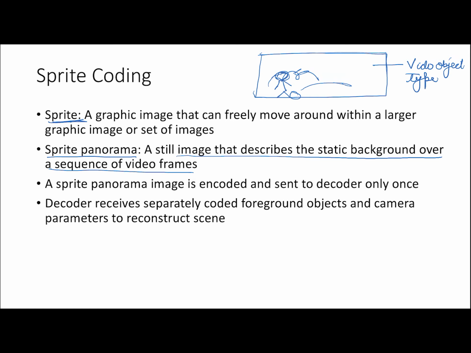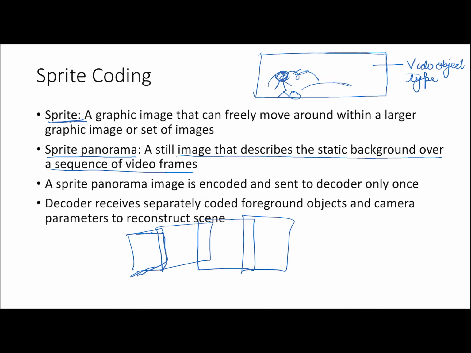So if we take this example, a person playing football, and we want to track the motion of this player, and background is more or less static with little changes, we will stitch these images together on the basis of camera movement.